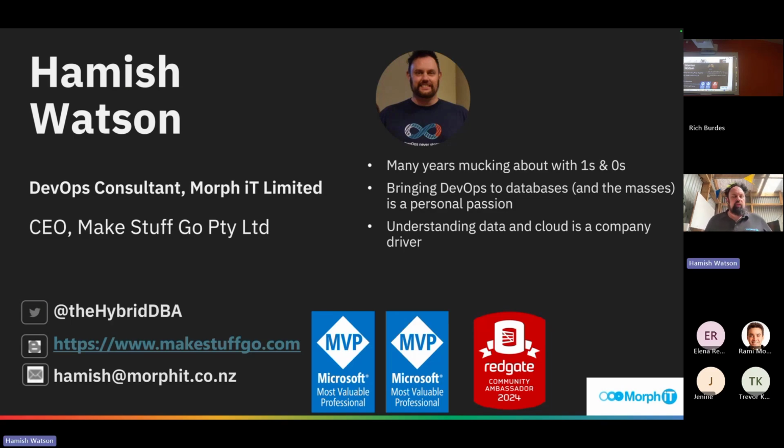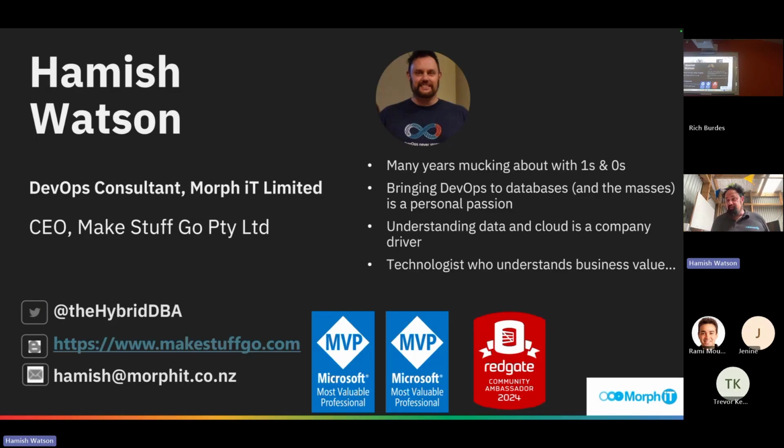My company Morphit, based here in NZ, helps people with data, cloud, DevOps, AI, all that kind of stuff. I love to tune SQL databases. I've just been working on a recent engagement where I tuned SSIS packages, SQL Server Integration Services packages, and took something that was running for 11 hours and got it running within 3 minutes, which is kind of cool.